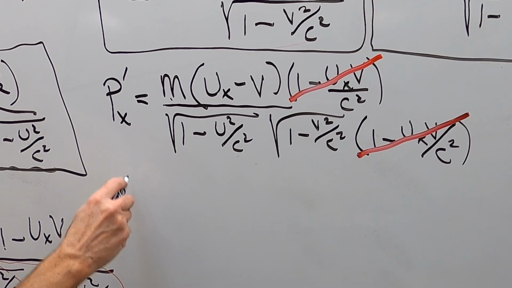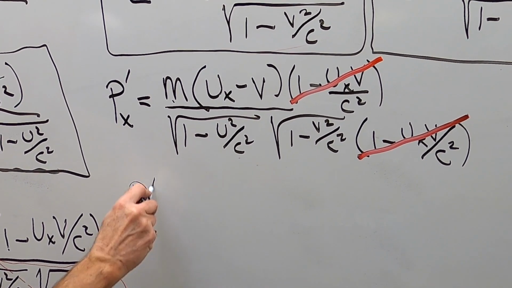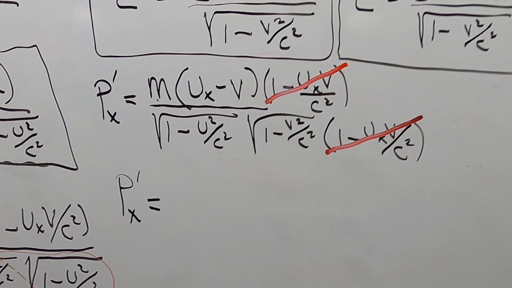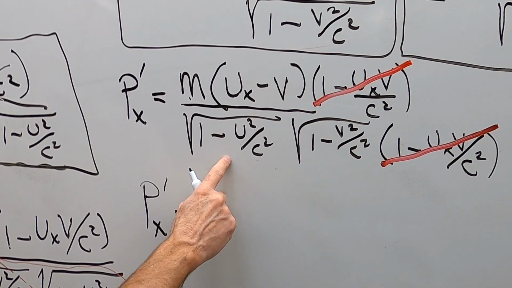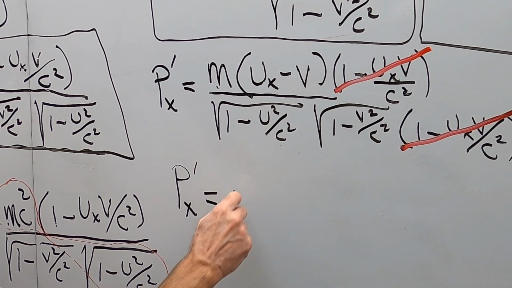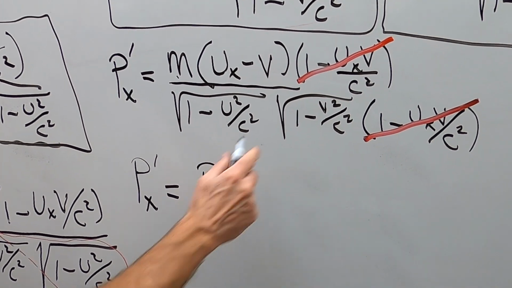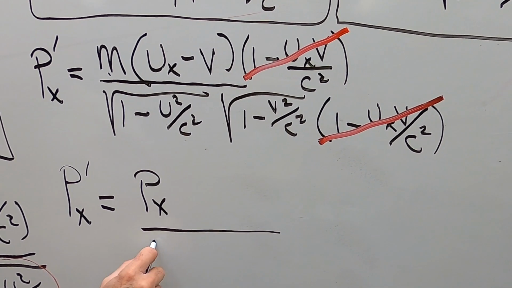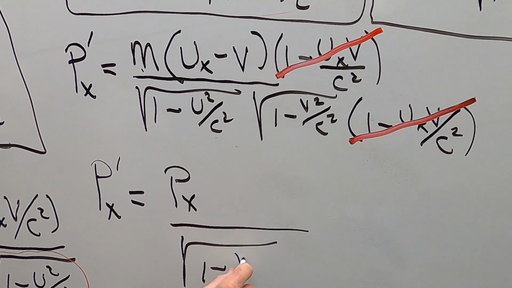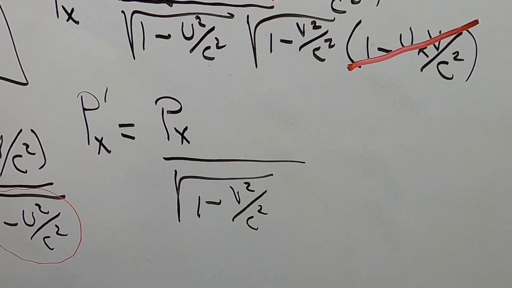Okay, and so now we have px prime is equal to, now you'll notice we got mux over this. Well, that's px. And we still have this in the denominator, square root of 1 minus v squared over c squared.